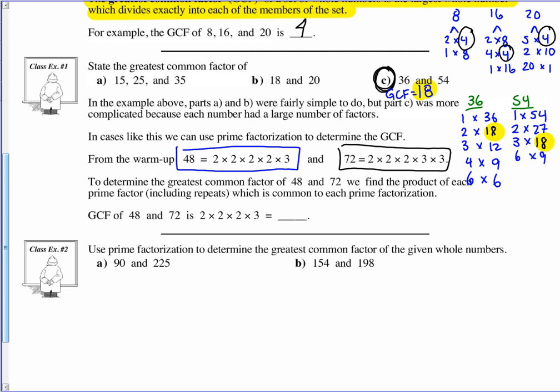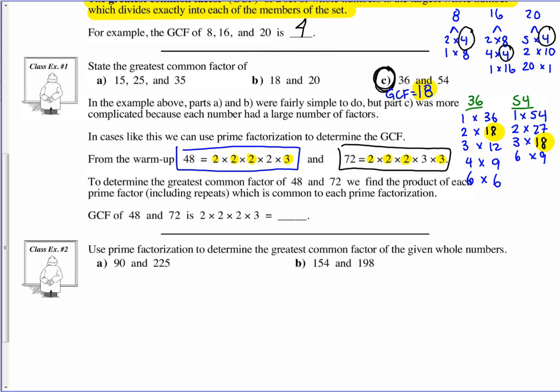Okay, comparing the two lists, what's the same when we look at the prime factorization? So they each have at least 1 2 in common. They have another 2 in common. What else do they have? Do you have 3 2's in common? Yeah. And what else do they have in common? 1 3.